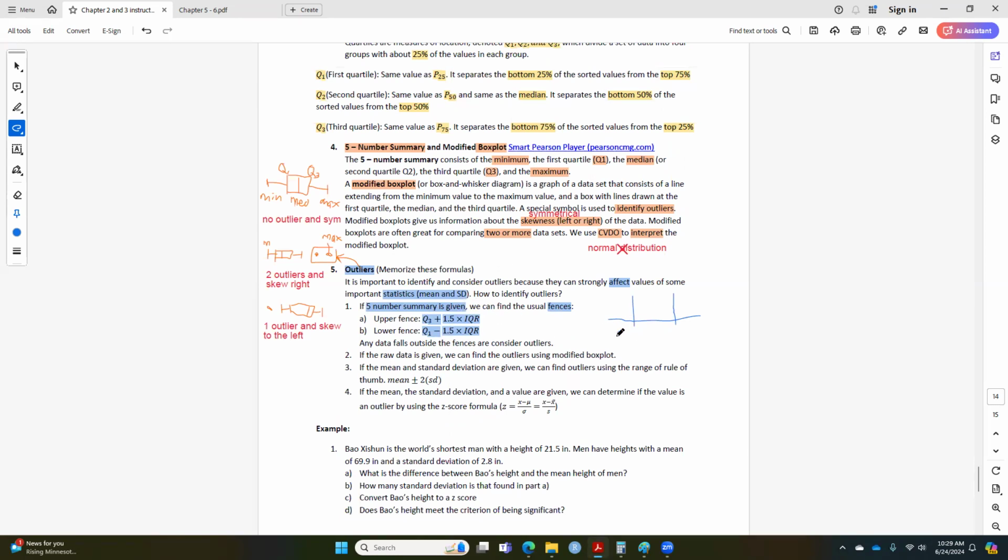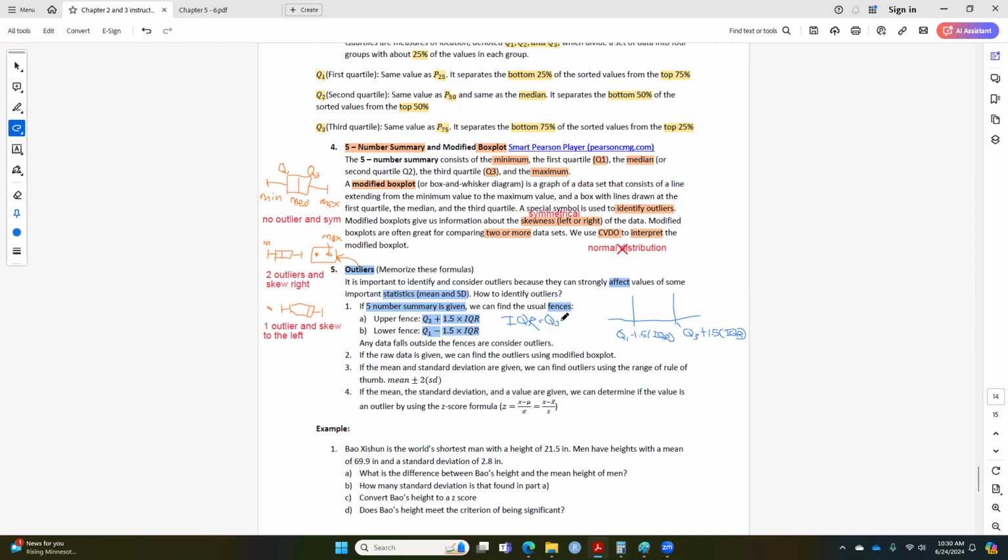So the lower fence is Q1 minus 1.5 times IQR. And for the upper fence, we will use Q3 plus 1.5 times IQR. So this is kind of like the RROT, but again, we only use the 5-number summary here. And do not forget that IQR is the same as Q3 minus Q1.